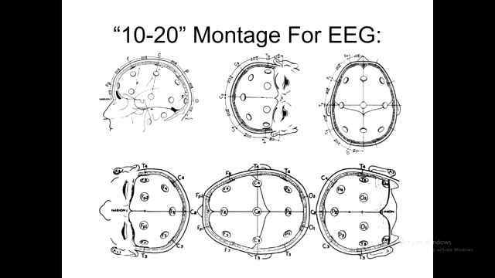Okay, so when we get to doing EEG electrodes, quite often gold type electrodes are used, a lot smaller and more easily affixed as scalp electrodes.